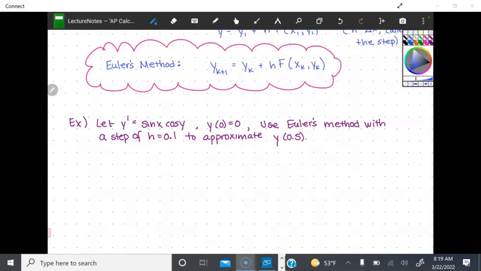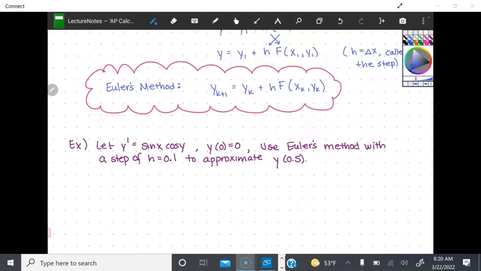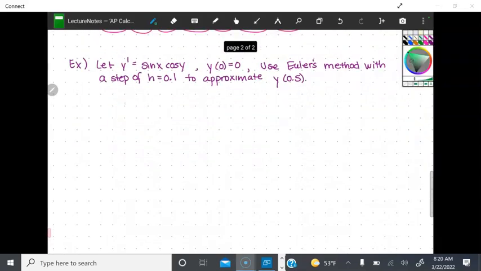So here's what the table is going to look like. We're going to use n, x sub n, y sub n, and then y sub n plus 1.